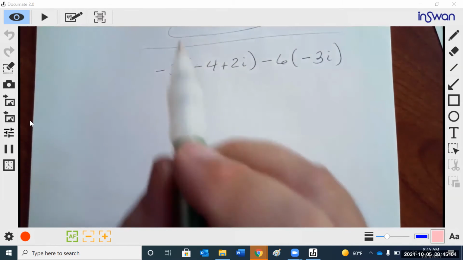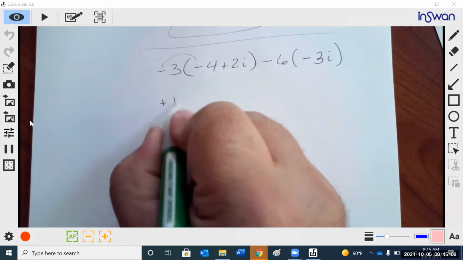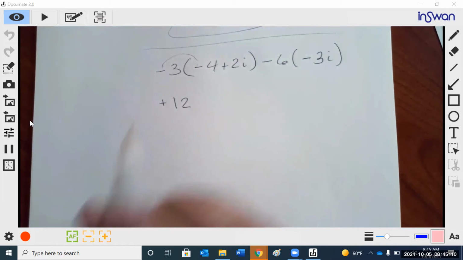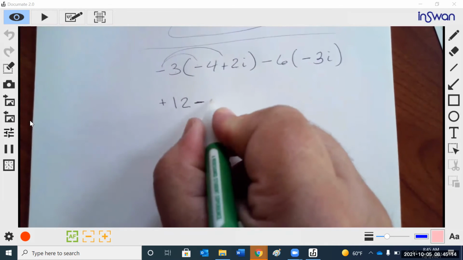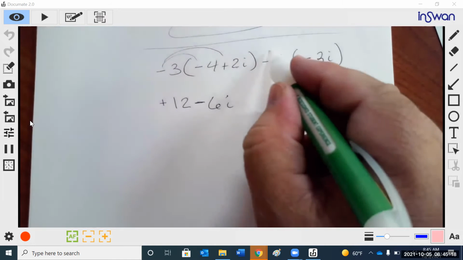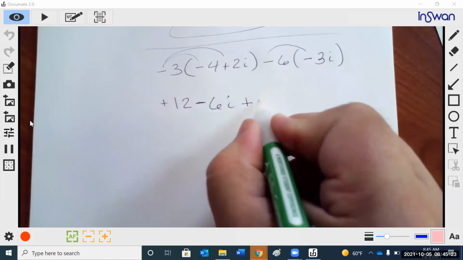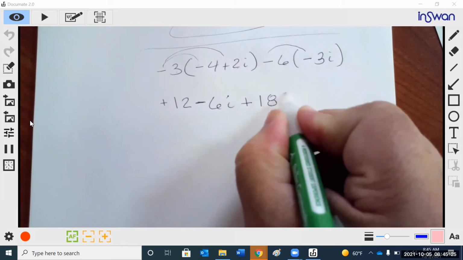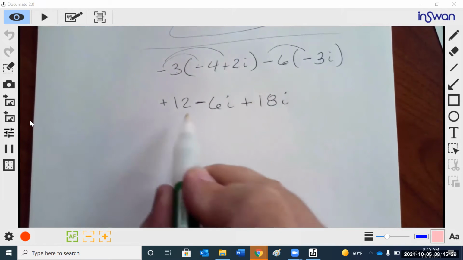So get rid of the parentheses. Negative times negative is a positive. 3 times 4 is 12. Negative times positive is a negative. 3 times 2 is 6i. Negative times negative is a positive. 6 times 3 is 18i. Combine like terms.